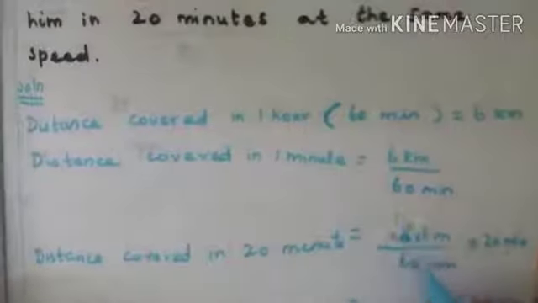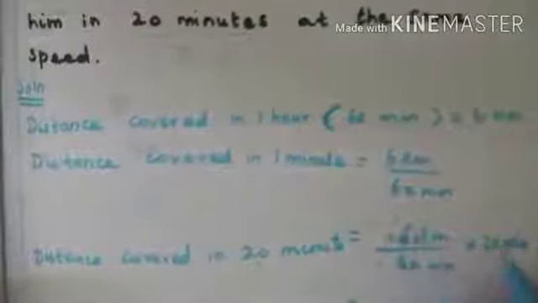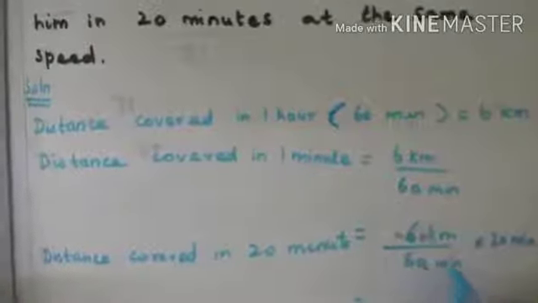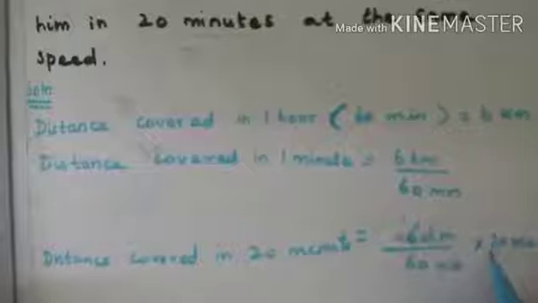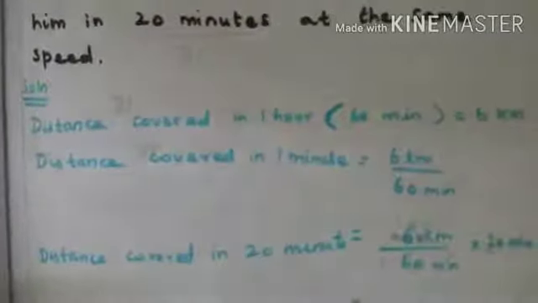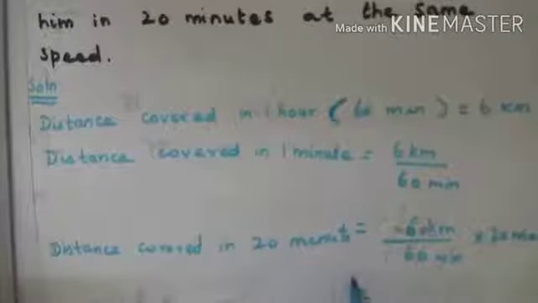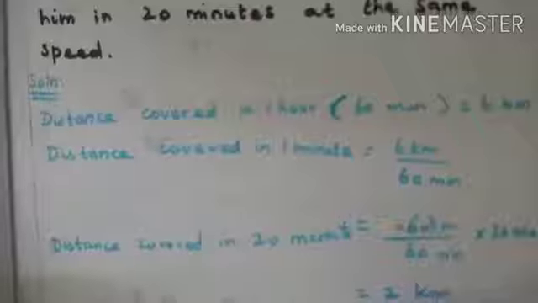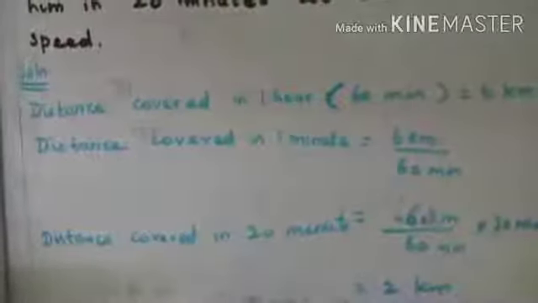What is the leftover? 2 is left over, and kilometer is left over. Therefore distance covered in 20 minutes is 2 kilometer.